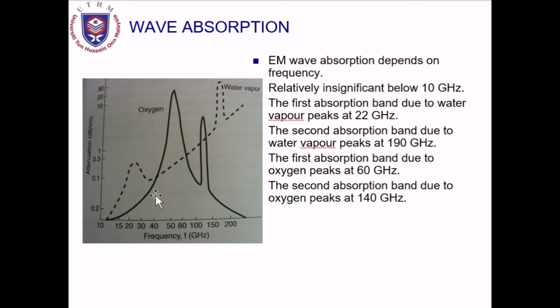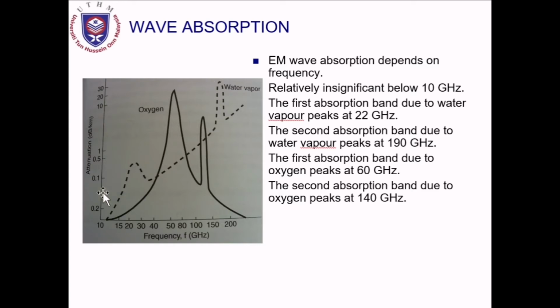If we look at the oxygen first, the straight line, we can identify that at around 60 gigahertz, the absorption band due to the oxygen is really high, and the second band is at 140 gigahertz. If you look at the dotted line, which is the water vapor, the first absorption band is at around 22 gigahertz, and the second is at 190 gigahertz.